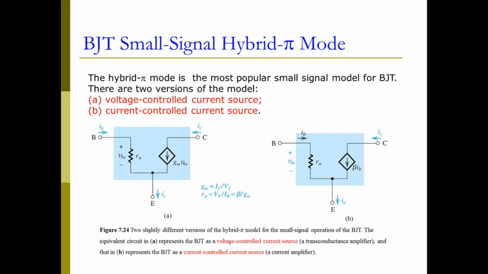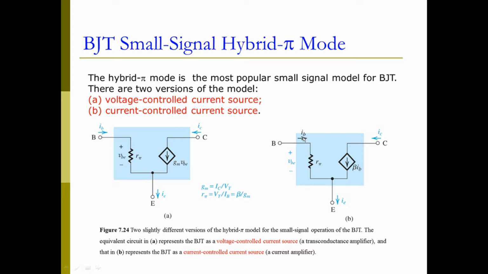One version is the voltage controlled current source, and we have a voltage input to the base, that is VBE. This one will control a current. That current is GM times VBE. We analyzed it before. So this is a voltage controlled current source.